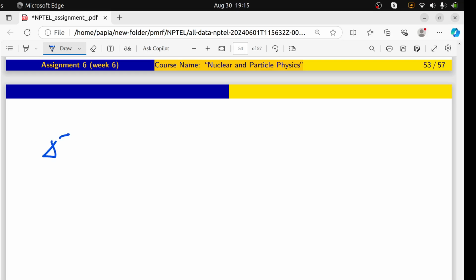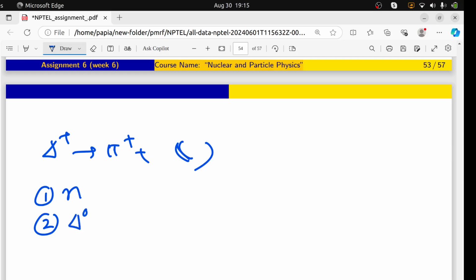So delta plus going to pi plus plus something. We have two options: one is neutron and another one is delta 0. Now coming to the first option, neutron: delta plus going to pi plus plus neutron. What will happen in this case?